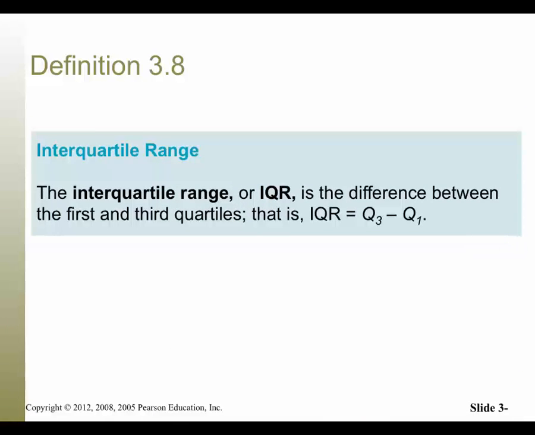Then the interquartile range is the difference between the first and third quartiles. Remember the overall range of the data was the max minus the min. This is a different kind of range: the third quartile minus the first quartile. So what percentage of the data will fall within the interquartile range?